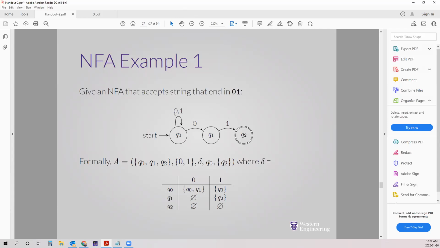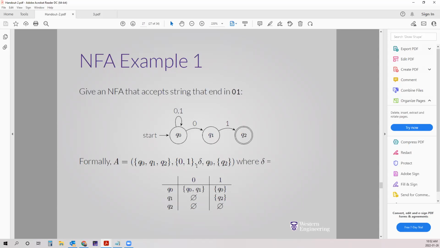So with the 0, I have a path which leads to the same state, and also another path that leads to Q1. And if I receive 1, I will end at Q2, which is the accepting state. So formally, the states are Q0, Q1, Q2, and Sigma is {0, 1}.